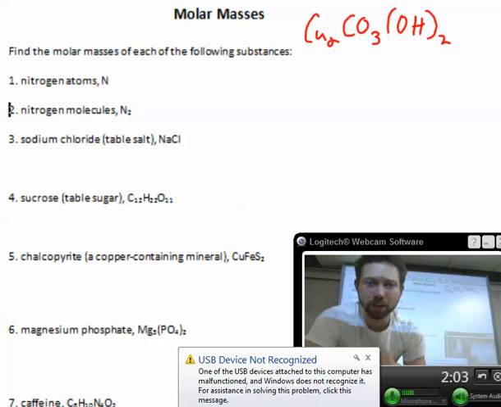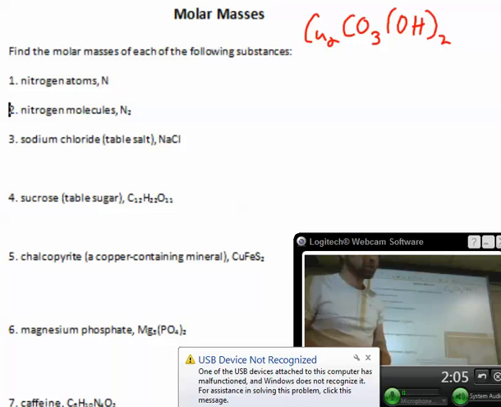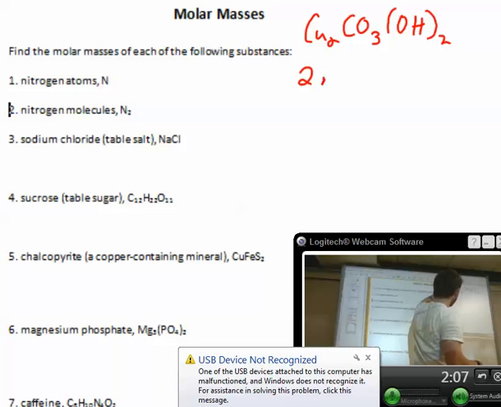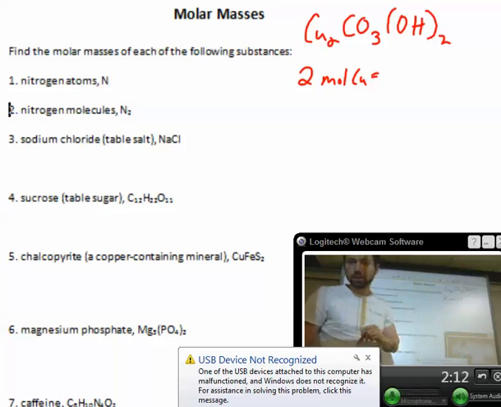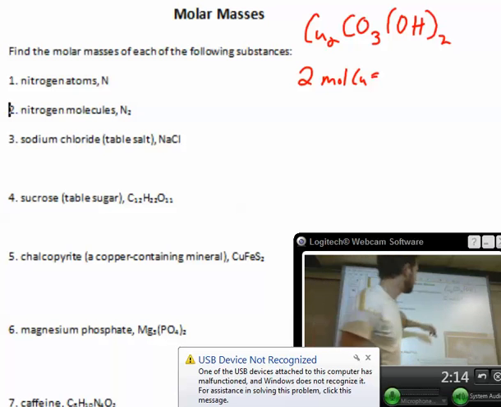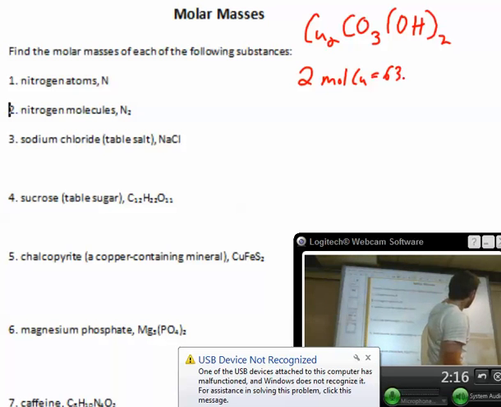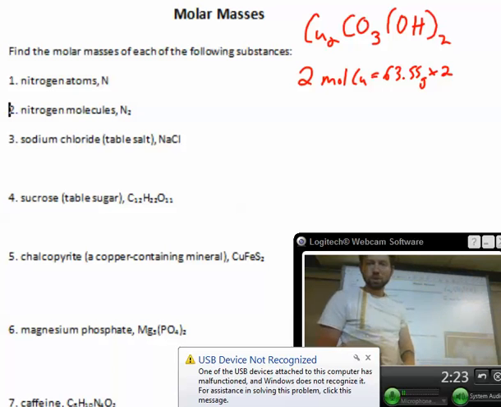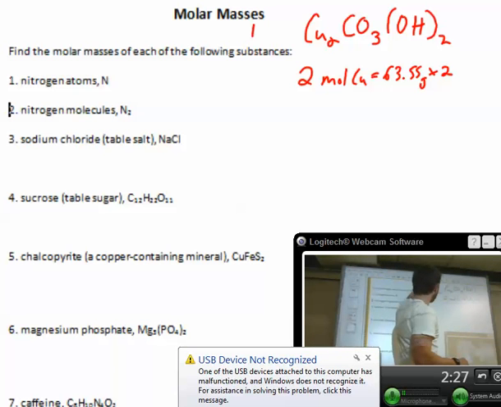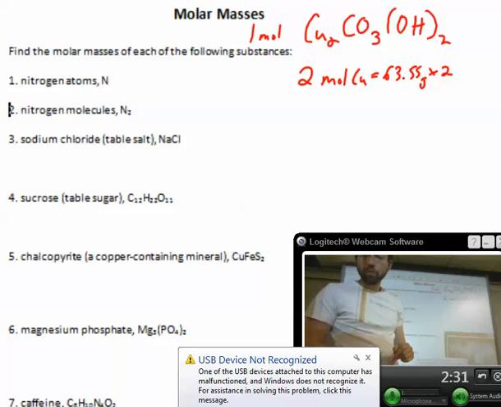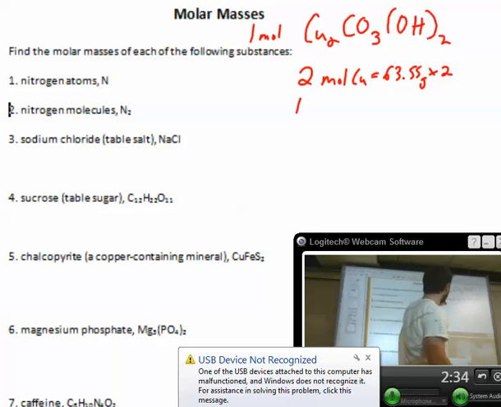So we're going to start off with this one. Copper, right? There's 2 moles of copper. Copper has 63.55 grams, times 2, because there's 2 moles. That's how heavy the copper is in 1 mole of malachite. We have 1 mole of carbon.